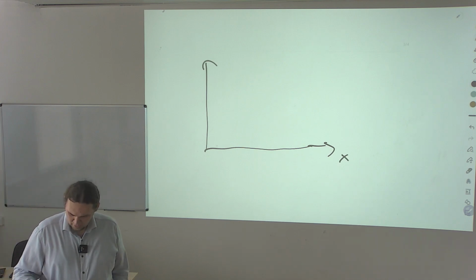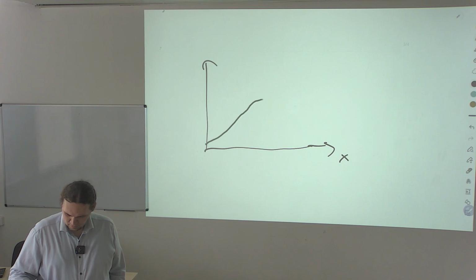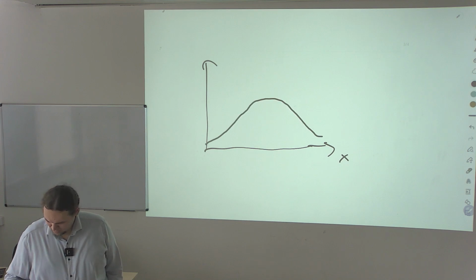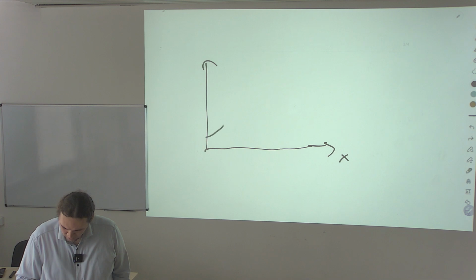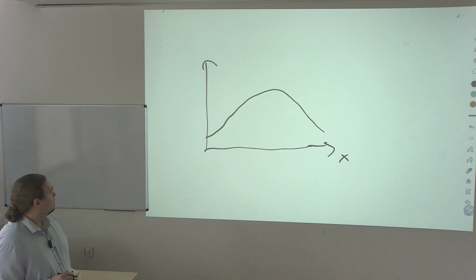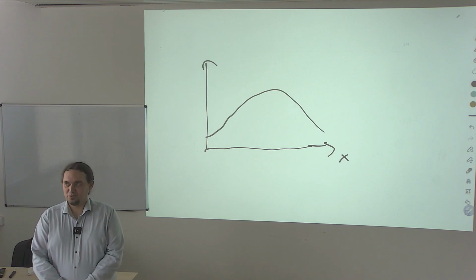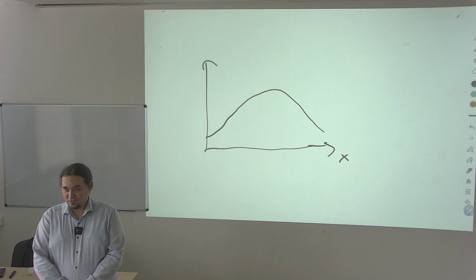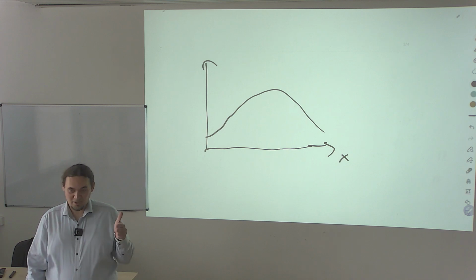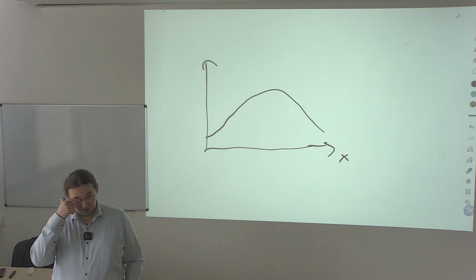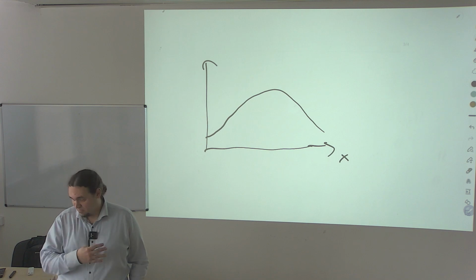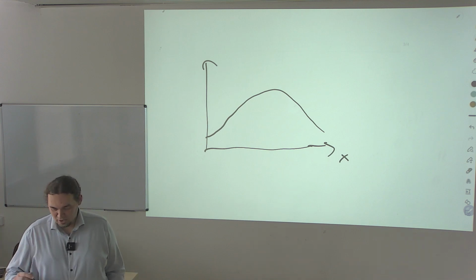We have our probability distribution. How do we get to the probability distribution? You will try it in your exercises. You basically just collect some data and you try to calculate the two parameters of this curve, which are the mean and the variance or standard deviation.